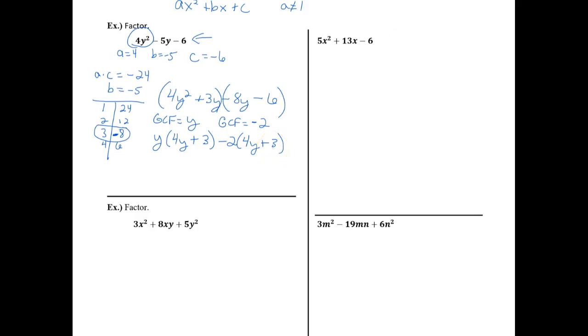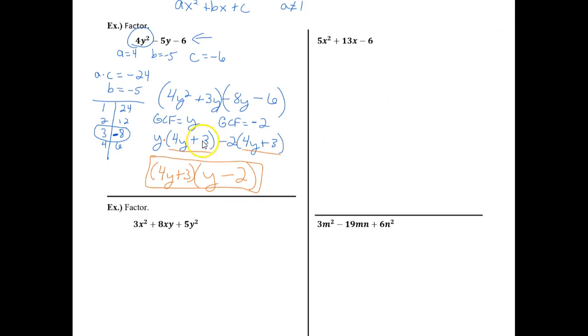If I did it right, the factors that were left should be the same. And they are. I have 4y plus 3 and 4y plus 3. So now that's the GCF that I factor out. Once I take it out, I look at what's left. I have a y minus 2. And there you go.